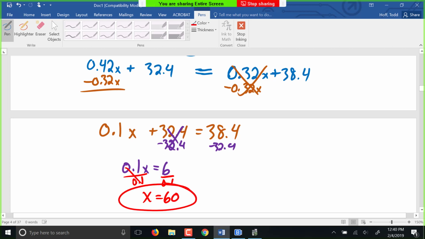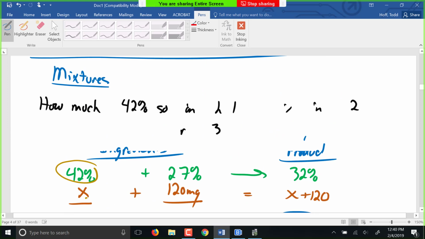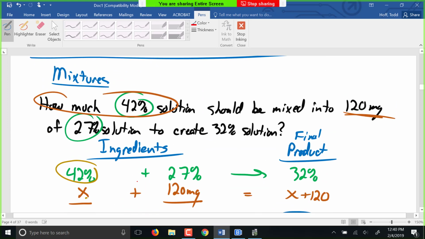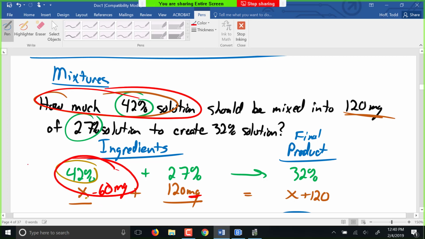So now there's a couple things we have to do. We have to go back, make sure we know what that variable represents, and then make sure we've answered the question. So x represents the amount of 42% solution, that's 60. The units are milligrams. And yes, we're asked how much 42% solution. So 60 milligrams of the 42% solution is the result we want.